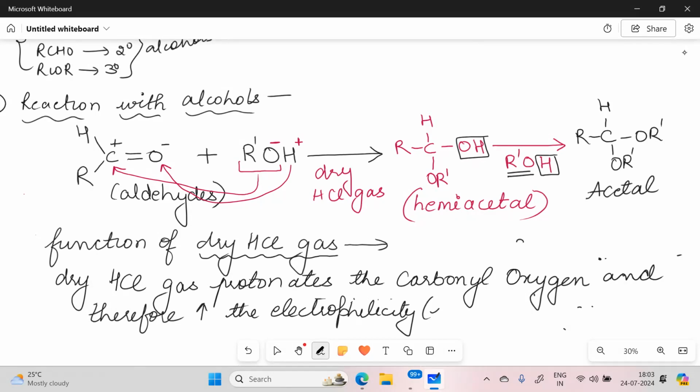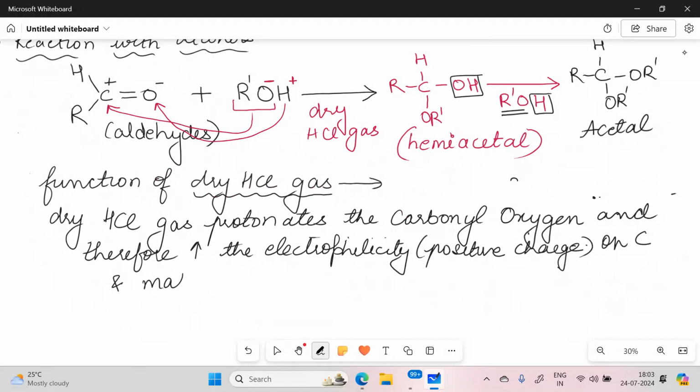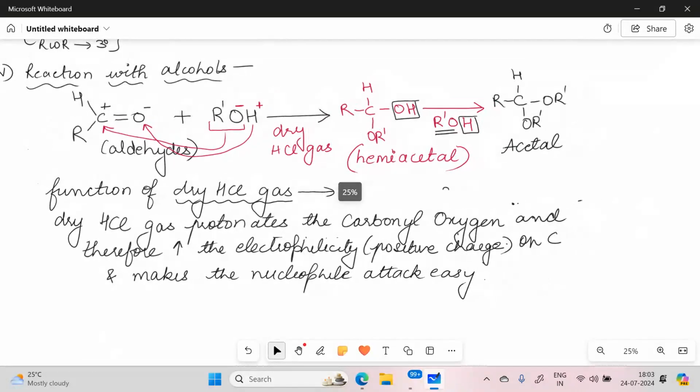Increases the electrophilicity or positive charge on carbon and makes the nucleophilic attack easy. So again, it speeds up the reaction by protonating the carbonyl oxygen. Due to that, positive charge will come on oxygen, which pulls the bond towards itself, and carbon becomes highly deficient.